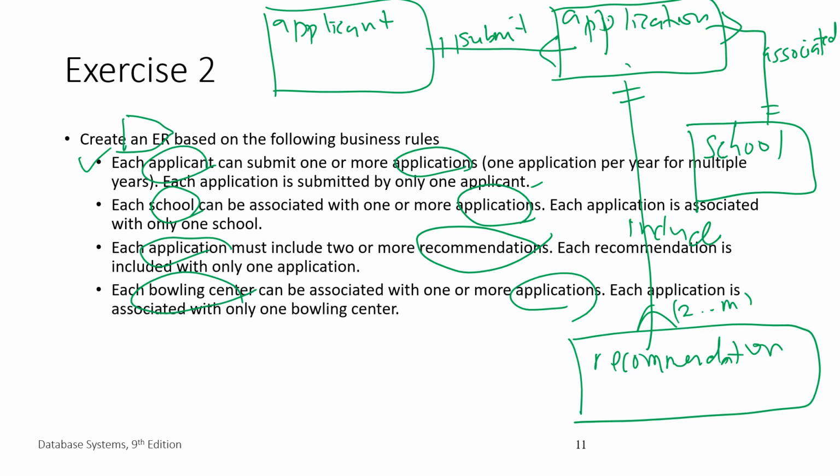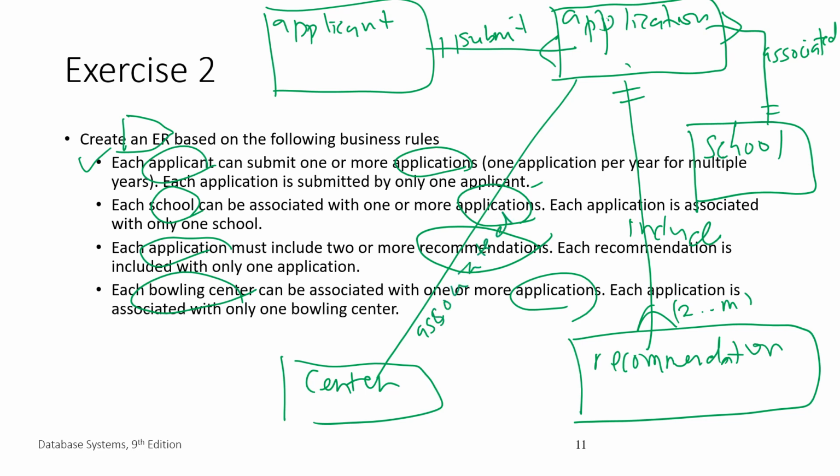And each bowling center can be associated with one or more applications. So this will be your ER diagram based on the business rules. But it's quite messy, so please draw it properly during the examination. This is all the information we have.